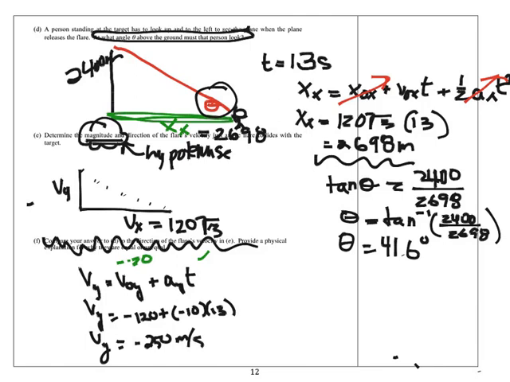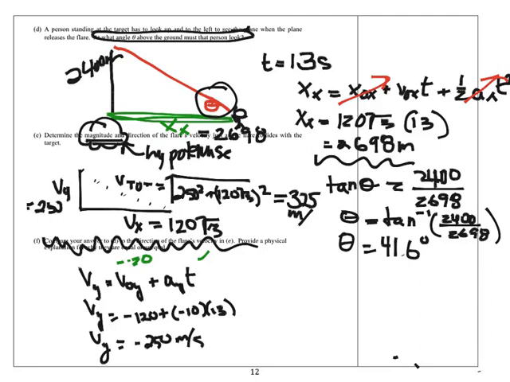Now we have Vx, we have Vy, and we can find the total. We can use the Pythagorean Theorem, and we'll end up with the square root of 250 squared plus 120 root 3 squared, and we end up with a hypotenuse, or a total of 325 meters per second.